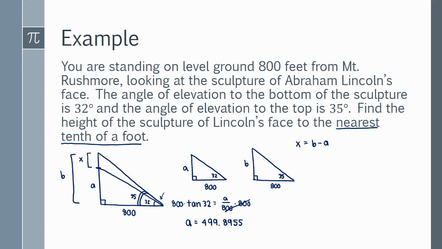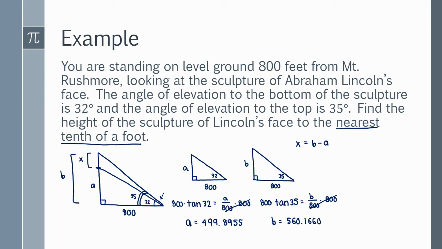But then we're going to do the same setup for the side B. So we're going to have the tangent of 35 degrees equal B over 800. We'll have to multiply both sides by 800 to get rid of that on the right. 800 times the tangent of 35, if I round to 4 decimals, will be 560.1660.